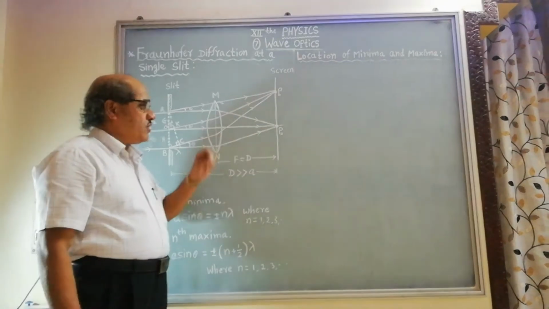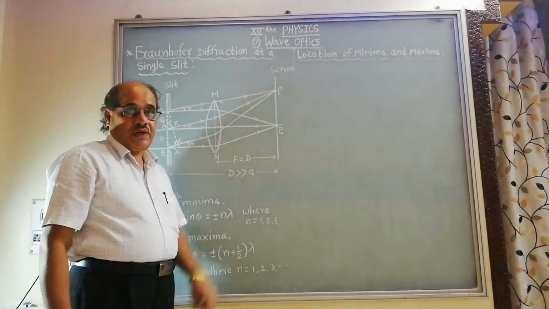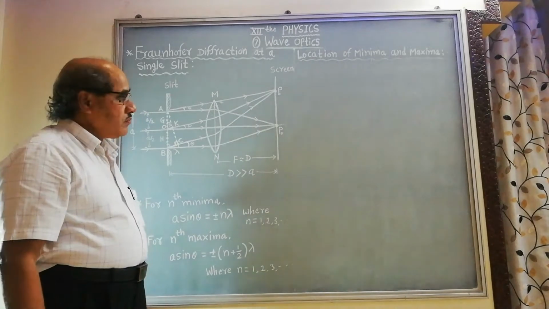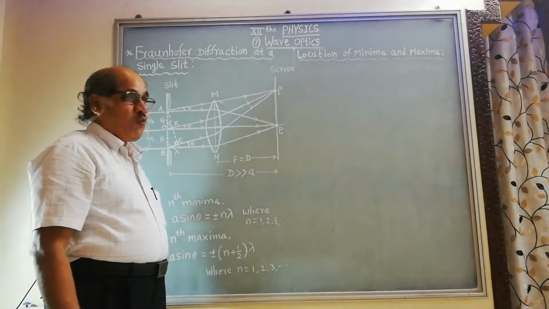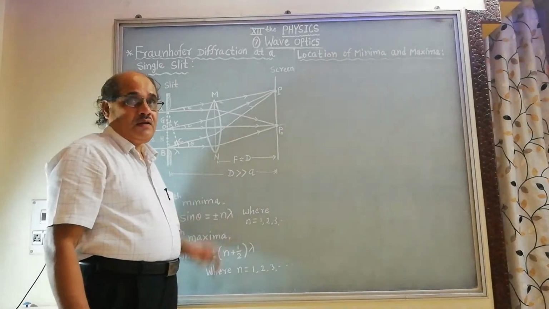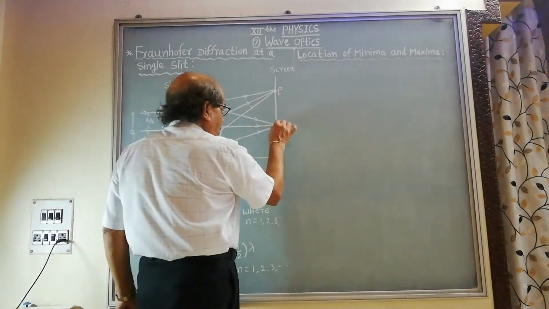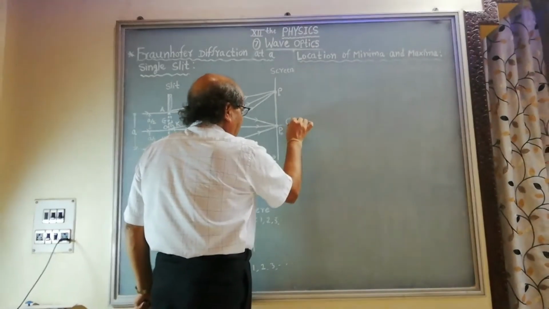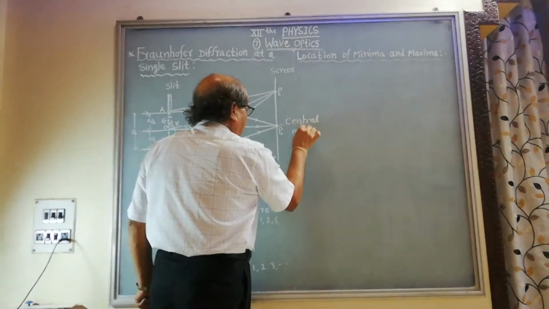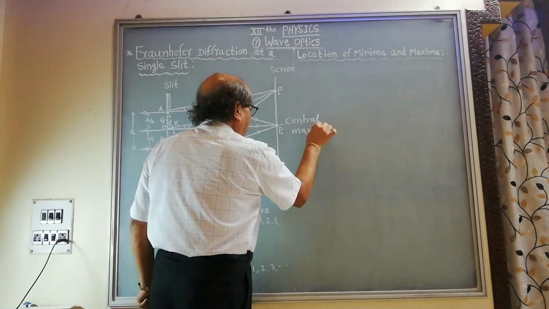So that we have studied in interference. But in diffraction, instead of bright point, we call it the central maxima. So this point is the central maxima.